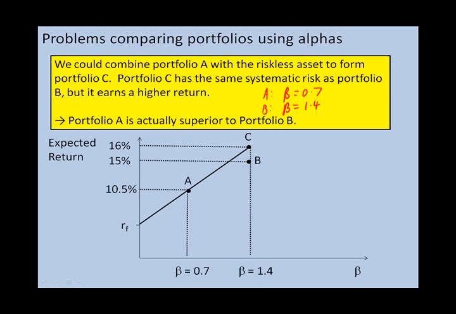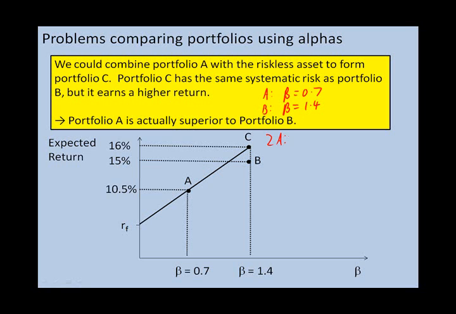If we want to get a beta of 1.4 by combining Portfolio A with the riskless asset, what we're going to have to do is borrow money at the risk-free rate and use that money to invest in Portfolio A. So what we want to do is double our investment in Portfolio A and finance that by borrowing at the riskless rate. What happens if we double our investment in Portfolio A?